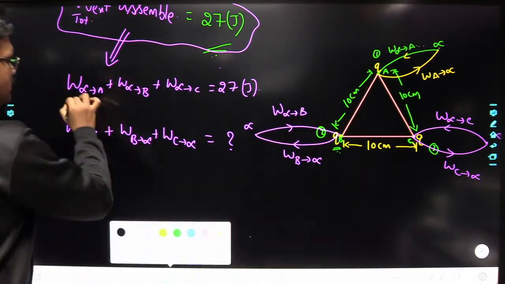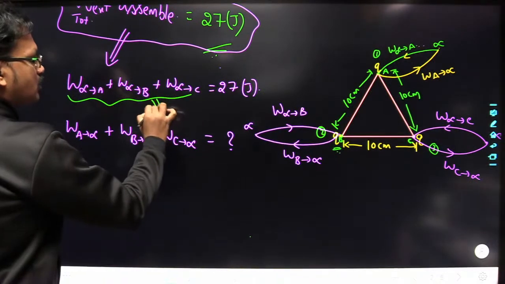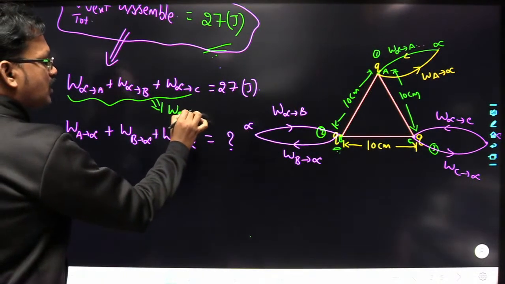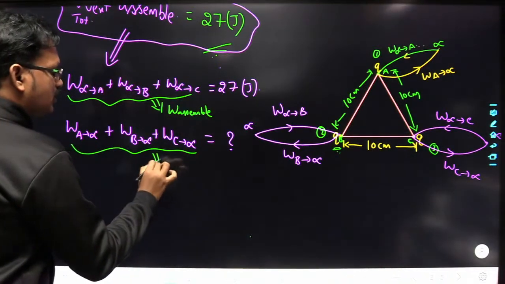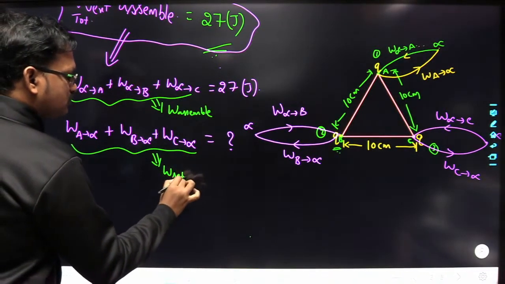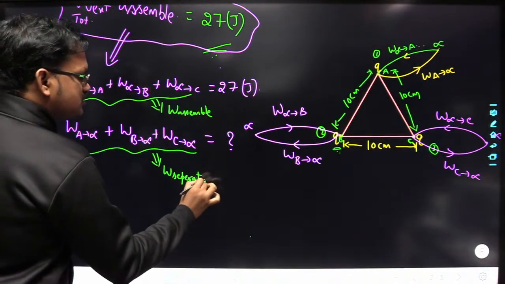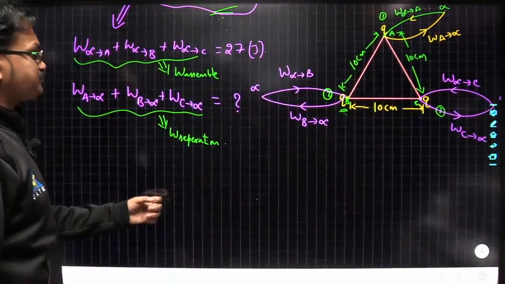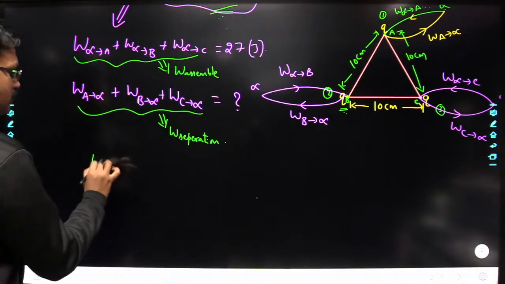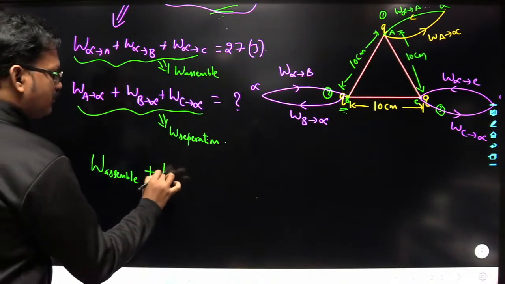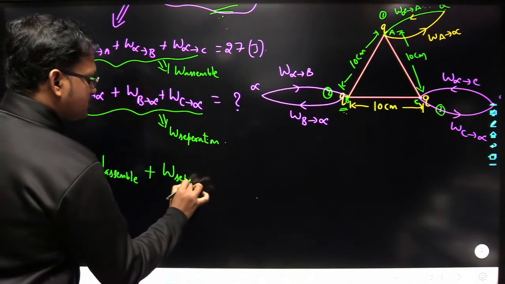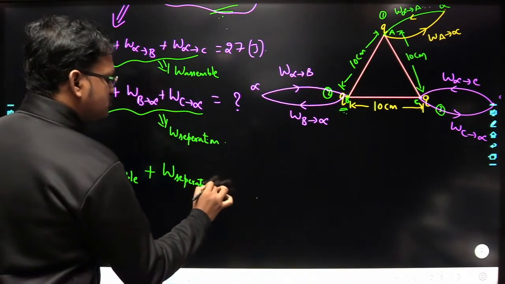Okay, so this is the work done to assemble the charges and this is the work done for separation of charges. Understood? Okay, so if you add up these two, that is work done to assemble plus work done for separation, what must this be equal to?